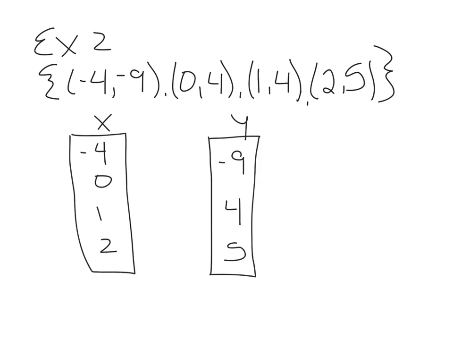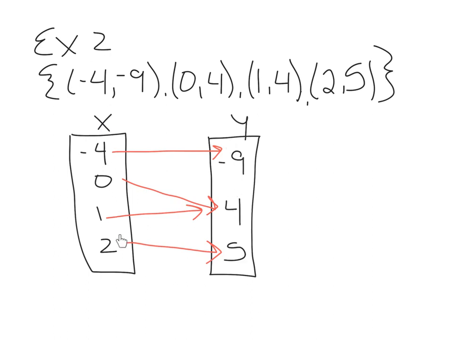Now, how do they match up? -4 matches up to -9. 0 matches up to 4. 1 also matches up to 4. And 2 matches up to 5. All right, the definition of a function is there's exactly one y value for every x value. So this looks a little weird here, but does every x have exactly one y?